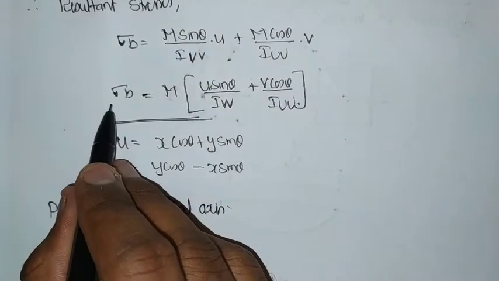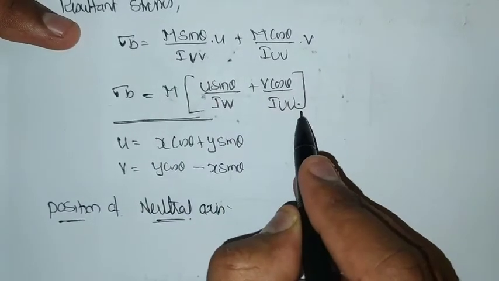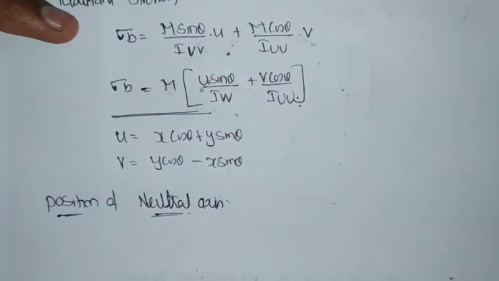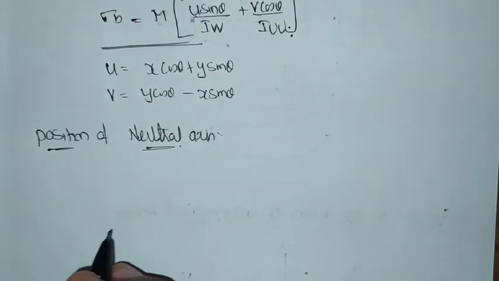So this is the resultant bending stress sigma. If this resultant bending stress is equated to 0, there the position of the neutral axis is going to come up. So this resultant has to be 0.